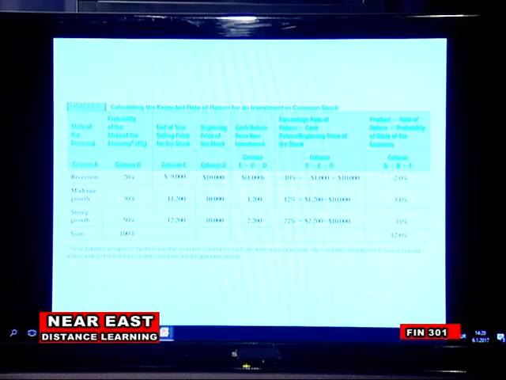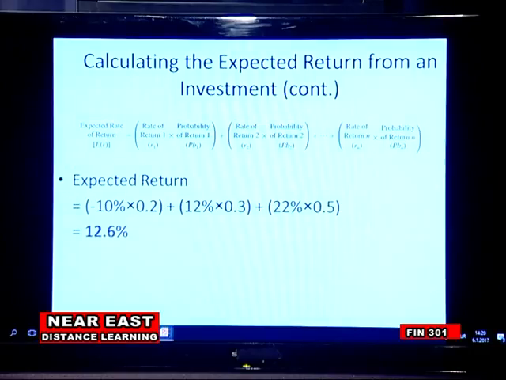To calculate the expected rate of return, we multiply the probability for each asset by the rate of return for each asset, and sum over all assets. In this example, the expected return will equal 12.6%.